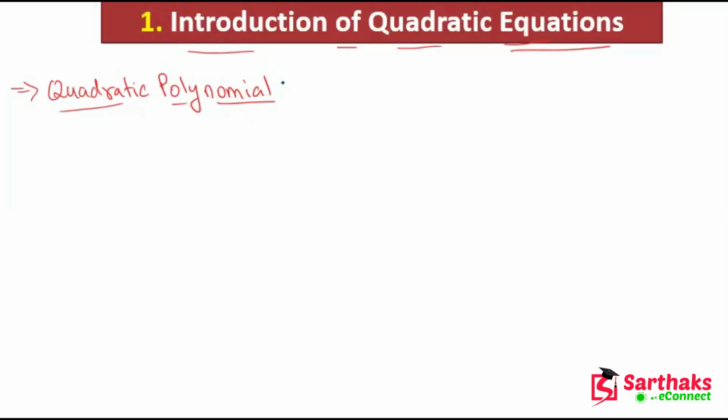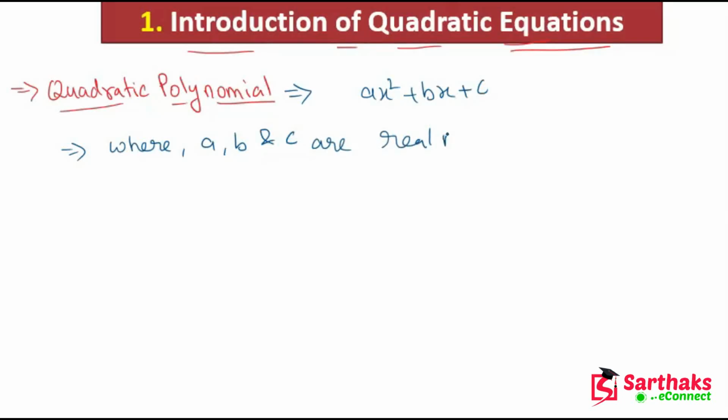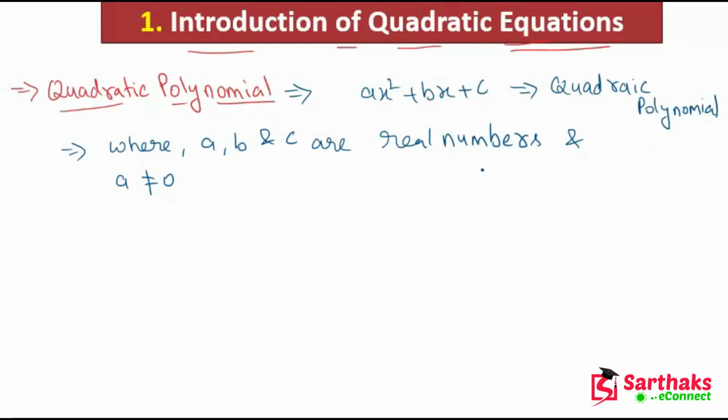A polynomial which is in the form of ax square plus bx plus c, where a, b and c are real numbers, and the most important condition is that a should not equal 0, then we can say this expression is a quadratic polynomial.